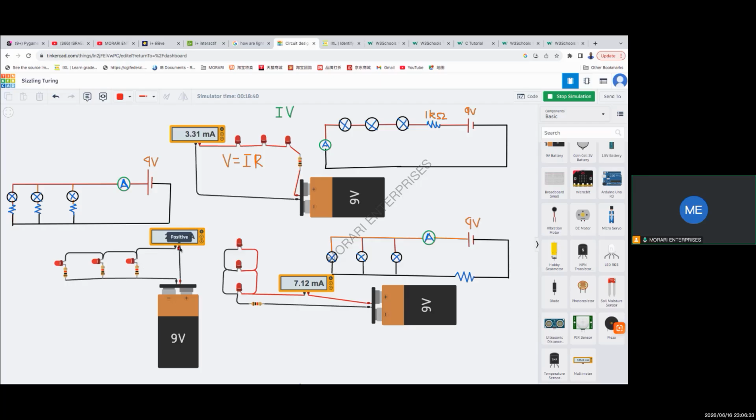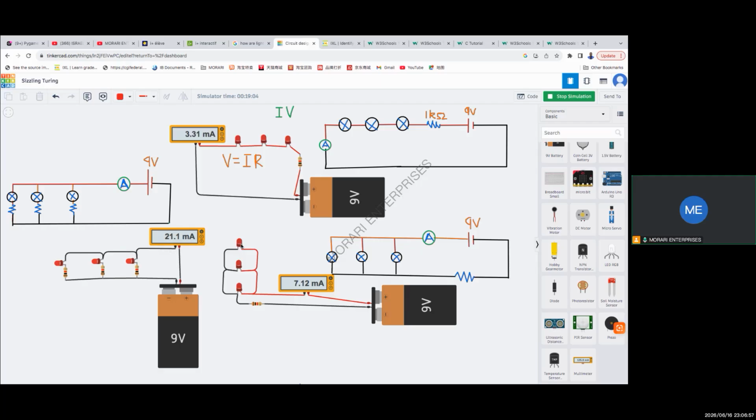The general current is this, but through each of these circuits, it's still going to split the current by 3, since we have the same conditions all through. So this brightness and this brightness, which one is better?